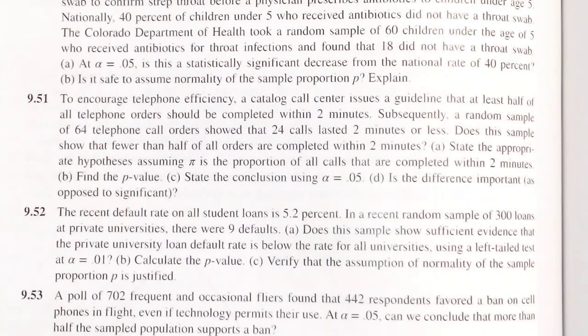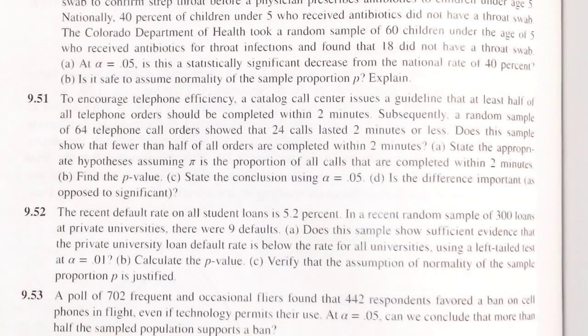Like the proportion is greater than or equal to 0.5, 50%, right? At least half of all my calls. Okay, so I can start with that statement. The null hypothesis, things are okay if my proportion is bigger than 50%. My alternate hypothesis then? Okay, so now I can start right there.